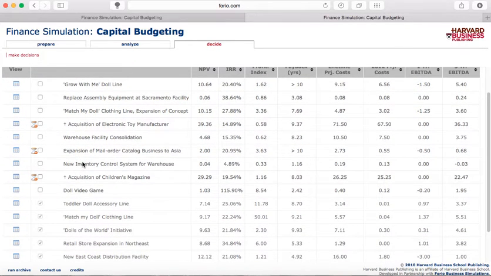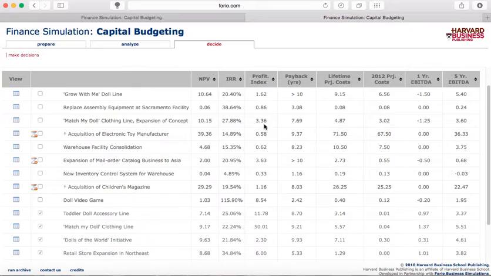Looking at these, especially comparing these two where we can only select one, we'll want to see the electronic toy manufacturer does have a higher NPV than Children's Magazine, as well as internal rate of return. So slightly smaller internal rate of return, excuse me. These are two things that we're going to want to consider.